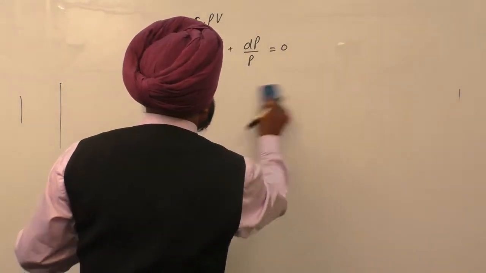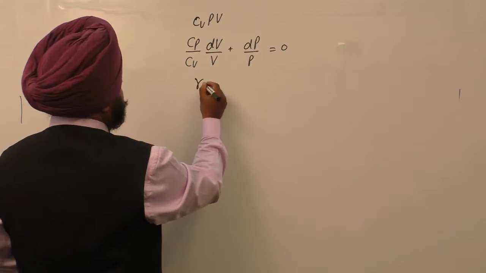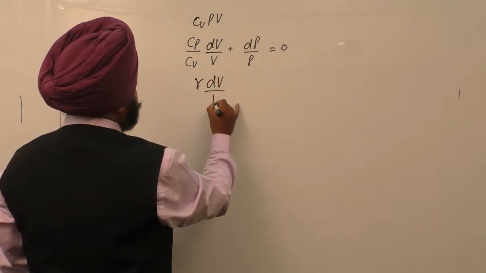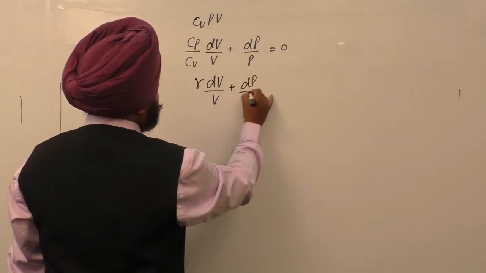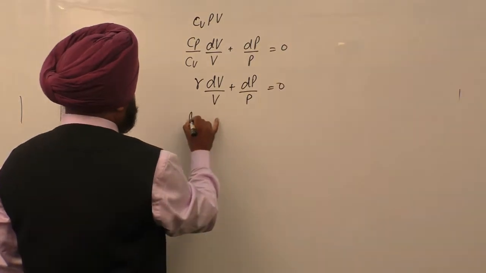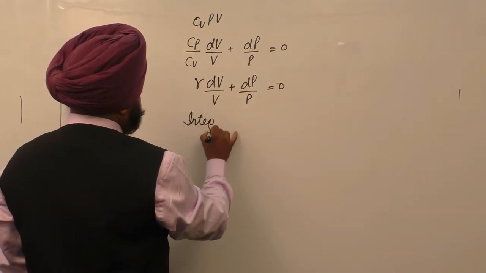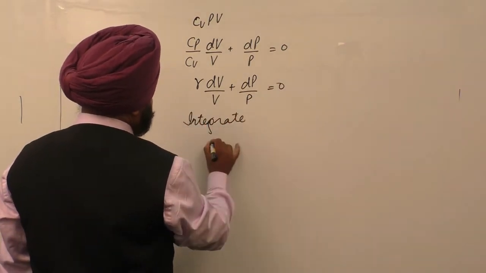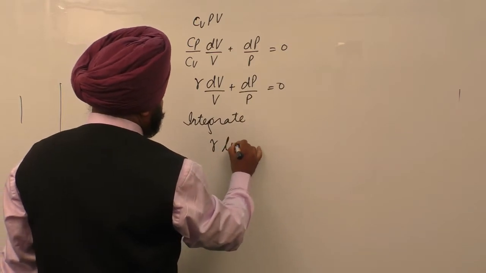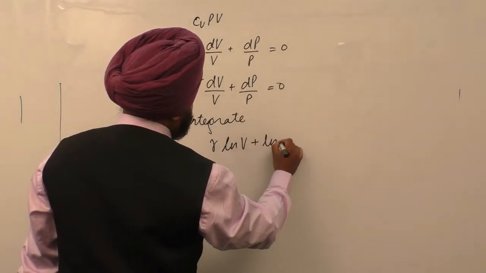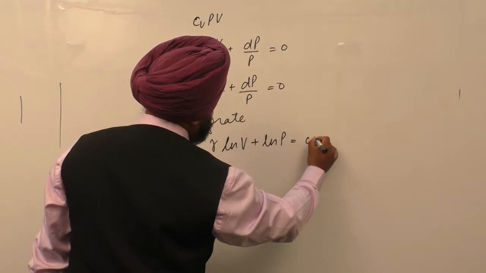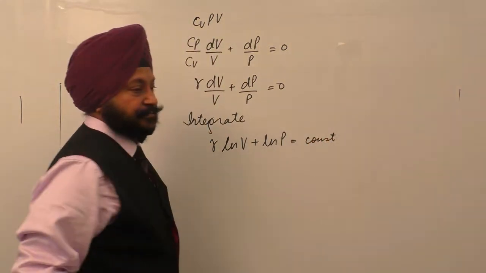Now we will rewrite this expression. This is gamma, and this is dV by V, and this is dP by P, equal to 0. We will integrate both sides to write this as log of V plus log of P is equal to some constant.